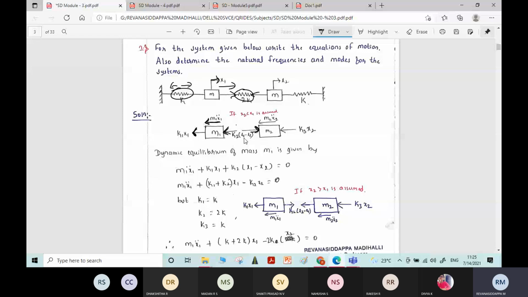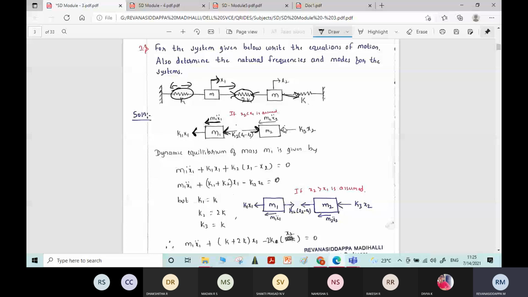Similarly for m2, if you assume compression in the spring, the tension force will be induced for mass m2, that is k3 into x2. If you assume this as k1, this as k2 and this as k3, the corresponding free body diagram I have written here.